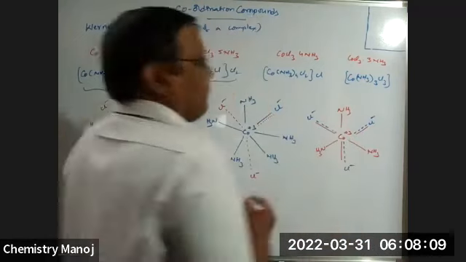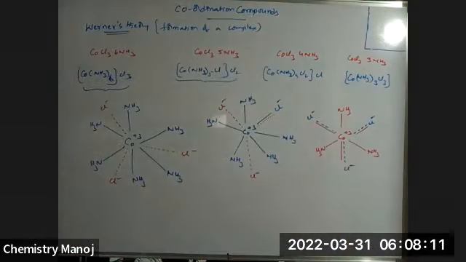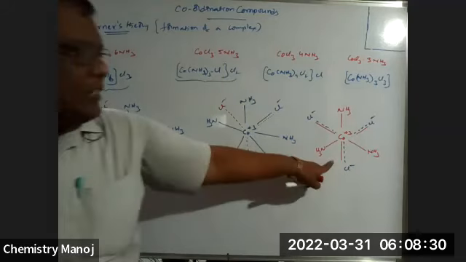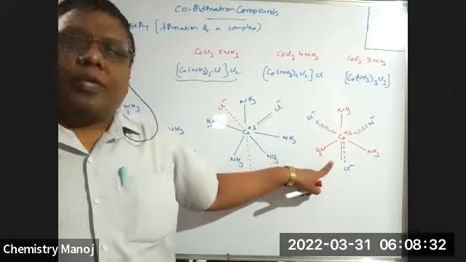There are dotted lines we can also draw. Clear? That last structure corresponds to which one? Among the 1, 2, 3, 4 compounds, that last structure corresponds to the one with CoNH3 taken here.